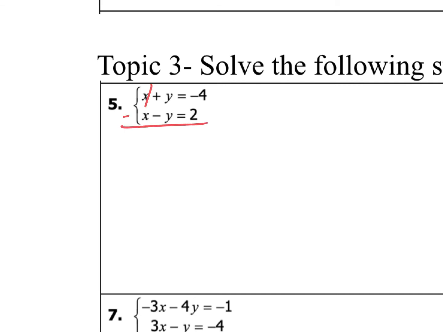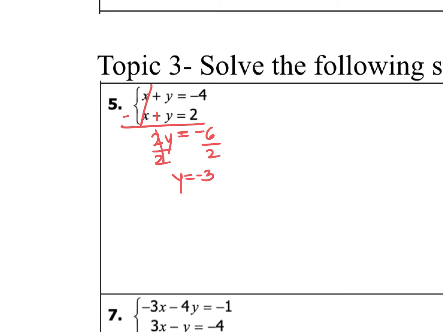x minus x cancels out. y minus negative y is like y plus y. So that's 2y. And negative 4 minus 2 is negative 6. Divide by 2, and y equals negative 3.